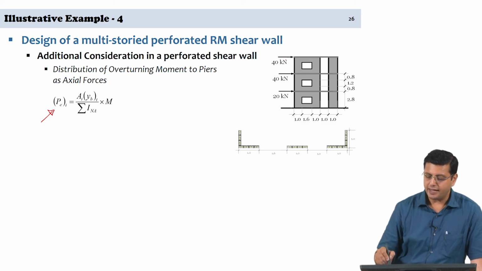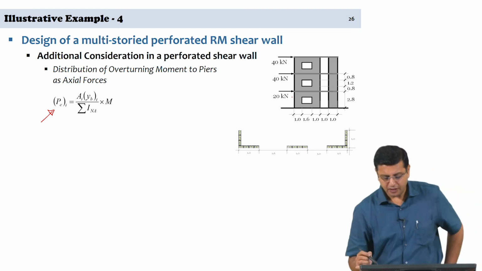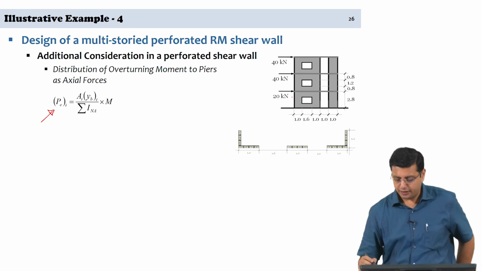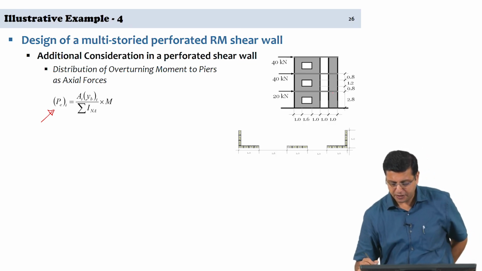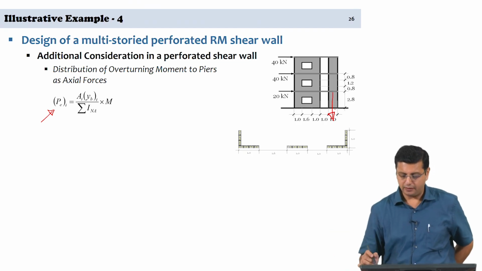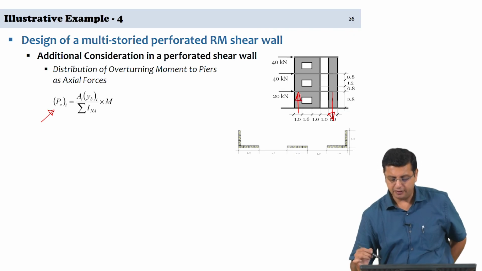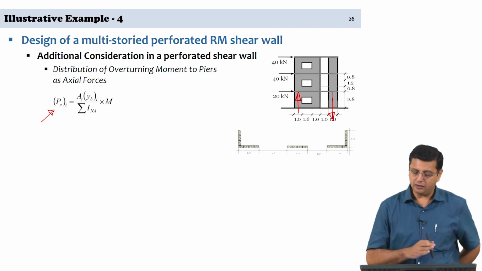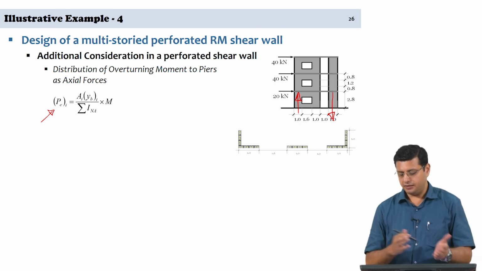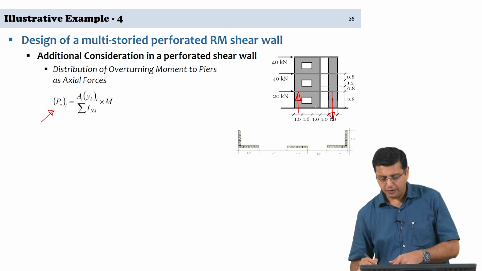The lateral force acting on the perforated shear wall which composes the overall building is actually going to cause a situation of additional compression in the extreme piers and a situation of tension in the one on the left end, considering that the earthquake force is acting from left to right. Typically, in this case we have 3 piers.